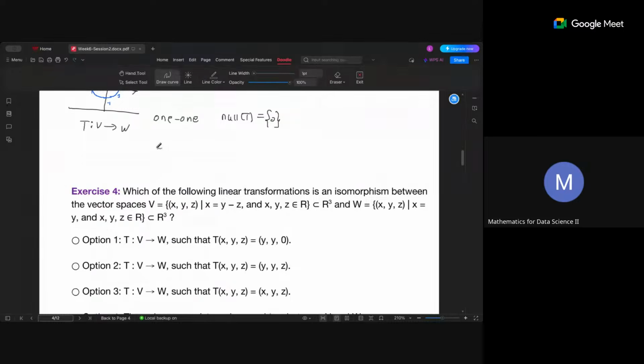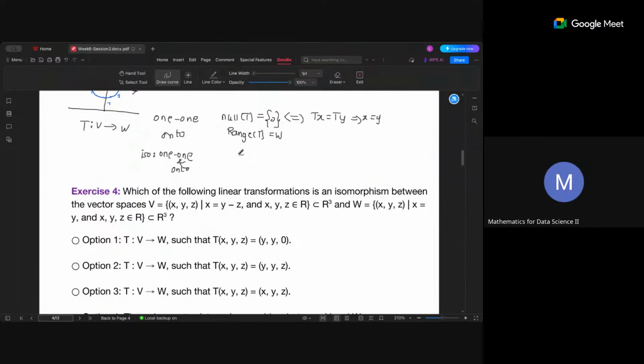Are there any other equivalent conditions? Tx equals Ty implies x equals y. What about onto, in terms of range? Range is equal to the codomain. What about isomorphism? That is one-to-one and onto, so both these conditions should hold.